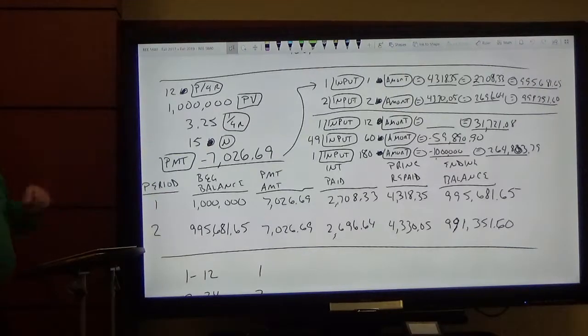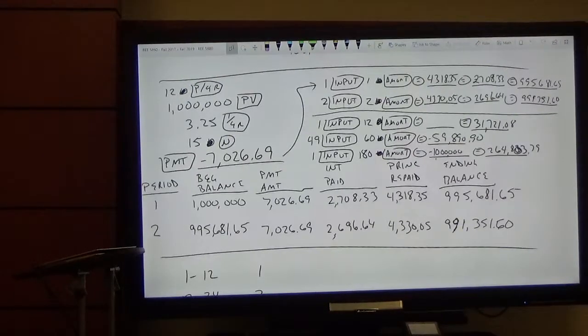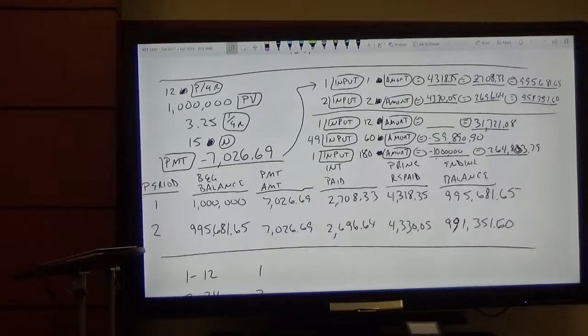Now, with the wonderful magic of Excel, if we highlight columns B through F just for period 2, don't highlight the period number, don't highlight period 1, just that row.